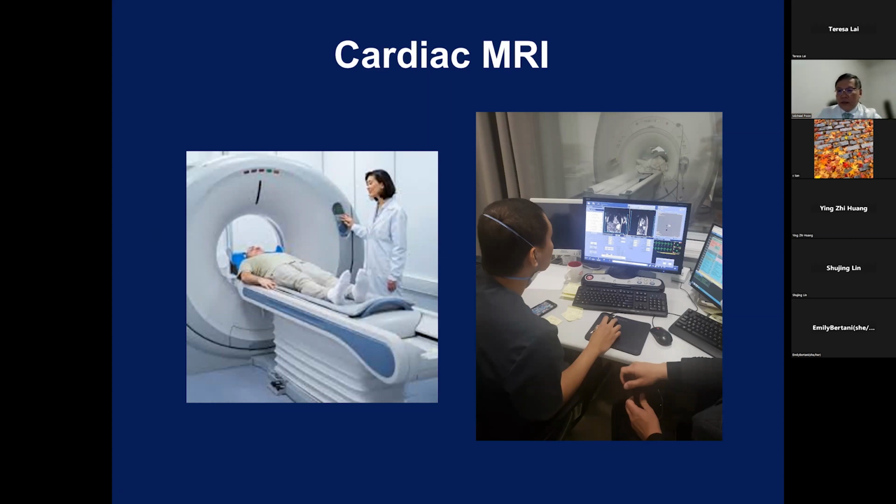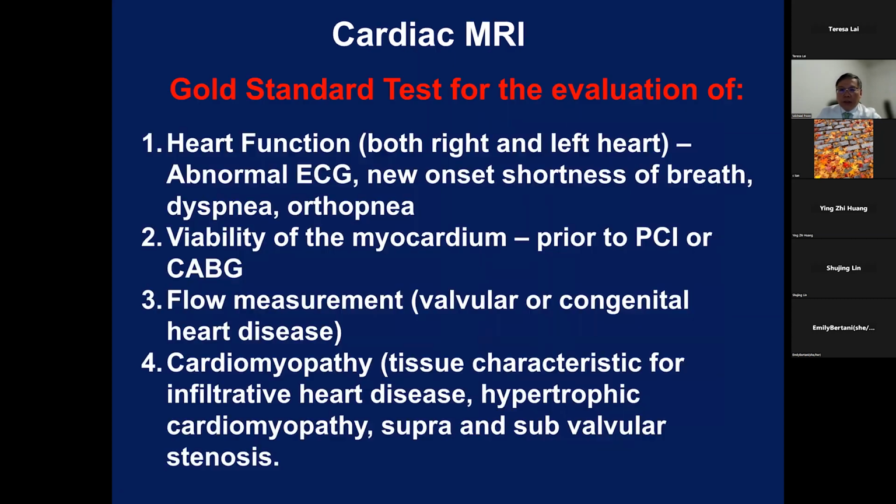So it's amazing technology, but it takes time. But right now, cardiac MRI is really the gold standard test for the evaluation of heart function. We do a lot of echo, but echo is by no means the gold standard. When you have a question, you go to MRI.